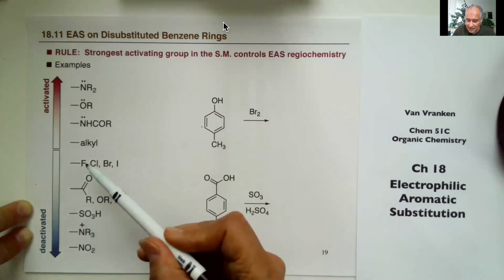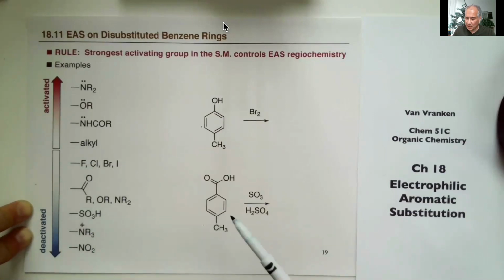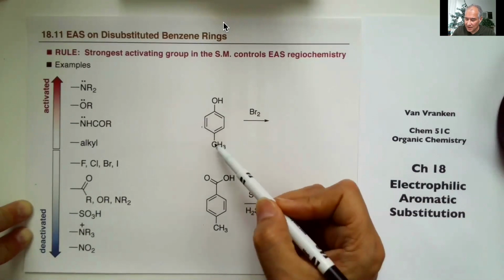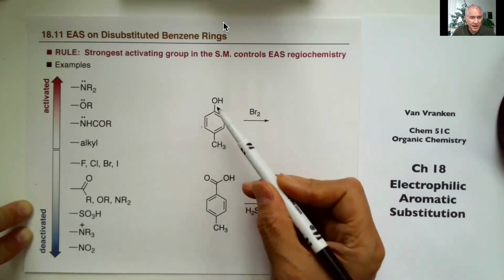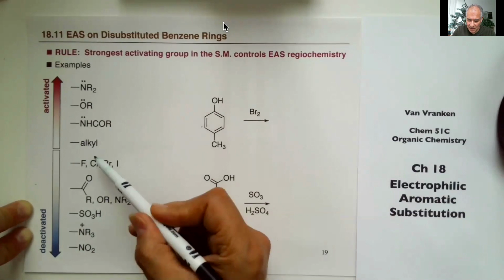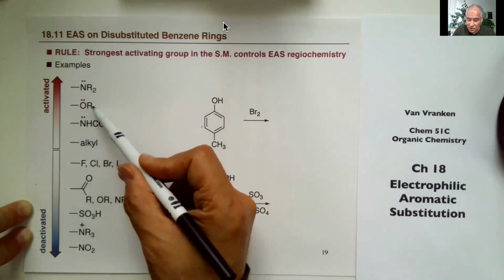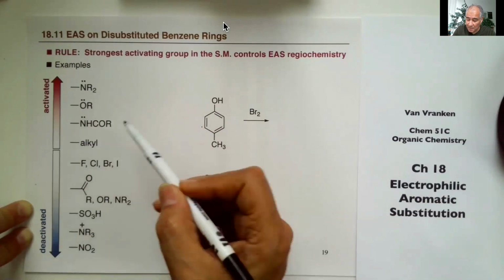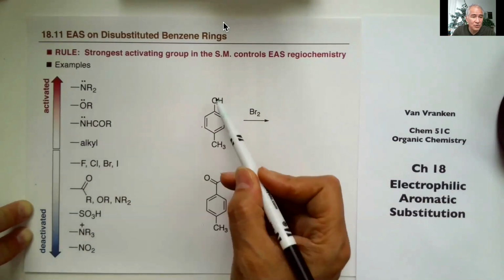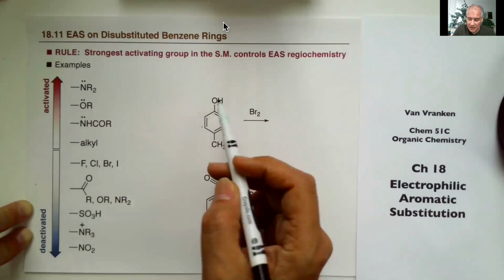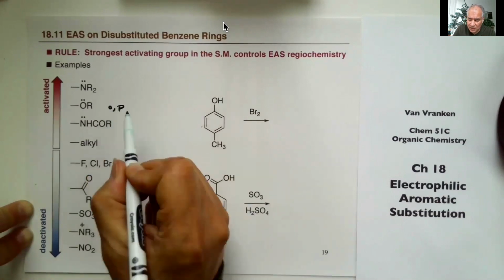So the higher in this list, the stronger the activator will be. So for example, here, I've got an alkyl group and I've got a hydroxy group. And I come over here to my little list and it looks like OR or OH is higher than alkyl. So that means the hydroxy group is going to control the regiochemistry. And hydroxy groups are ortho-para directors.